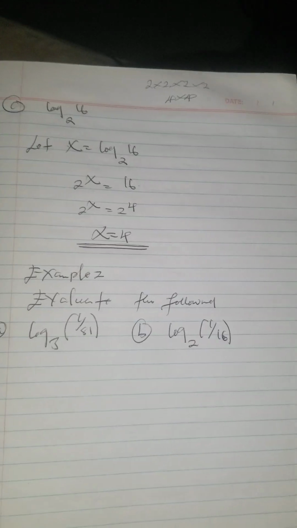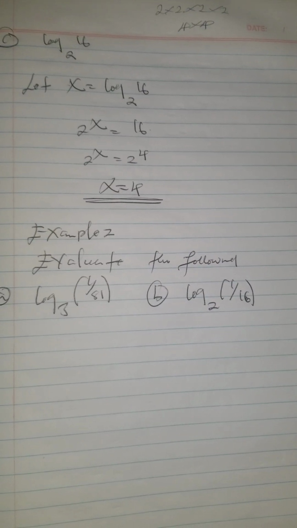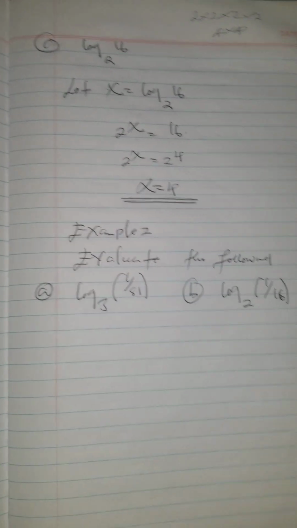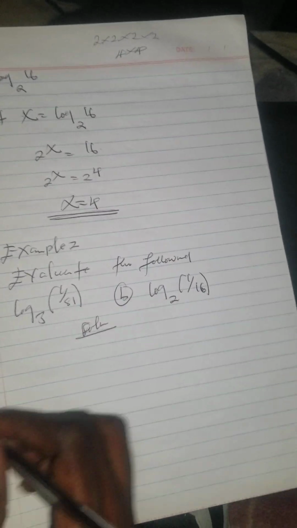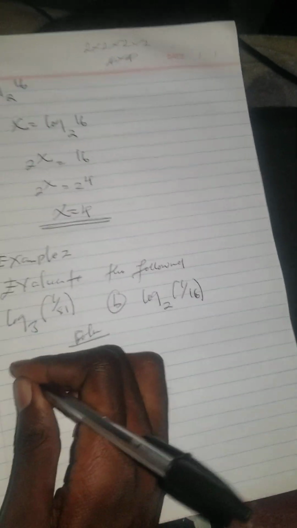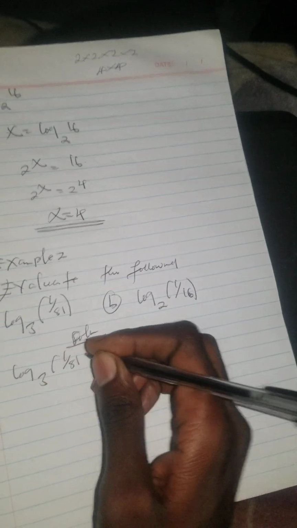So what happens when a log is given in this manner? Solutions. So A, we have log base 3 of 1 over 81.